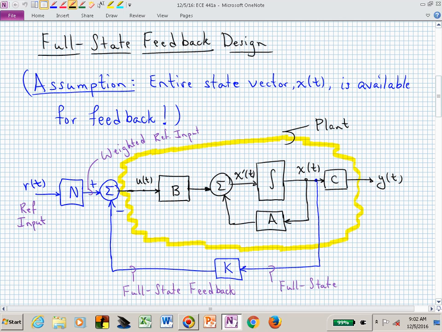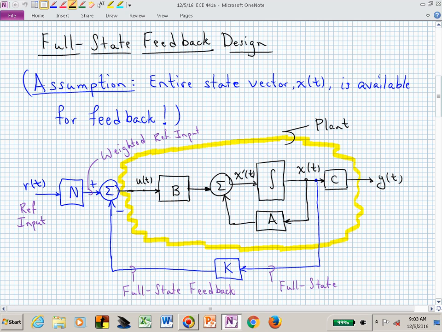Full state feedback. The assumption is really that thin blue line on the far right. Where is it pulling off? It's actually pulling off information prior to the output matrix. So we're assuming with full state feedback that we can access every one of our state variables.